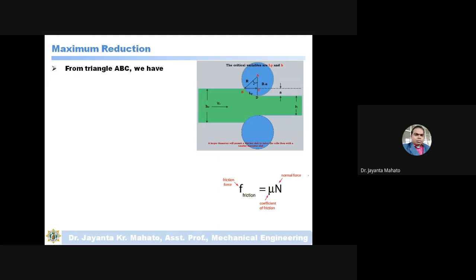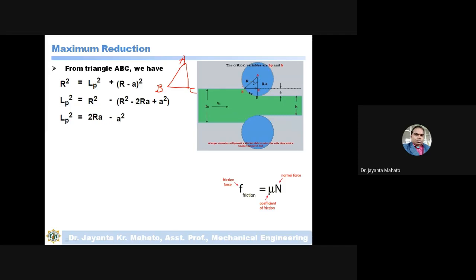Now maximum reduction. From this triangle ABC, if you draw this triangle, this is A, B, and C. A is the center point of the roller.